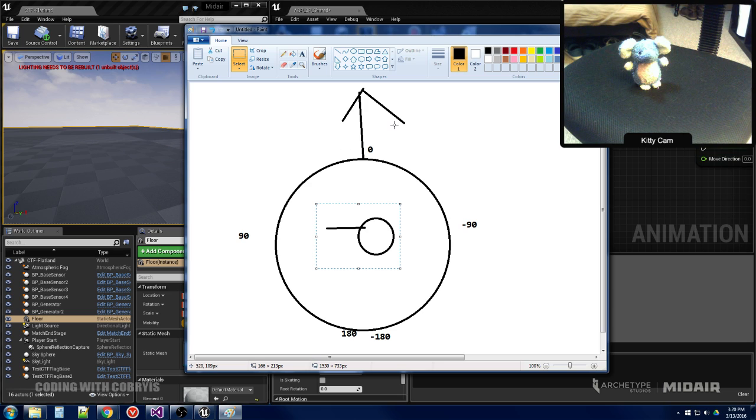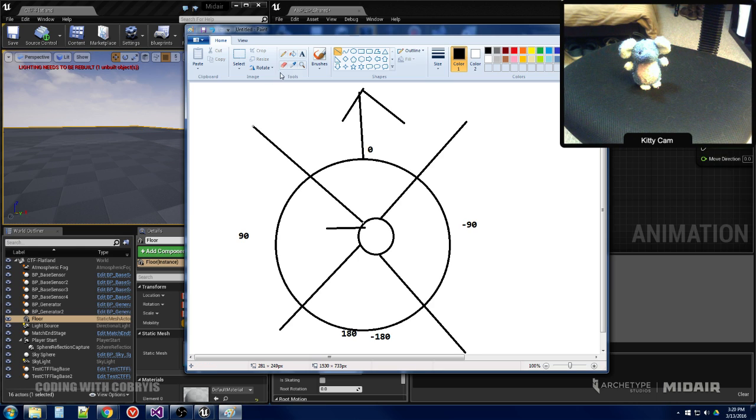Alright, so now what we do is we'll zone these out, because instead of blending between all the directions, we're going to only pick a direction at 45-degree intervals between them.